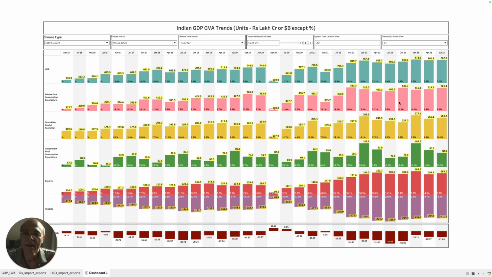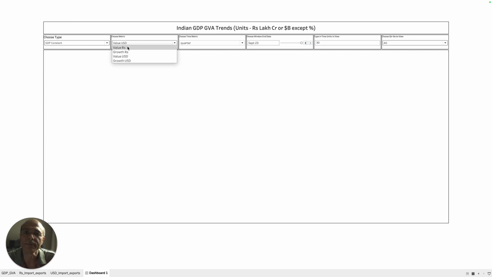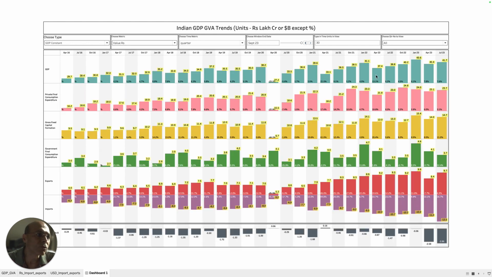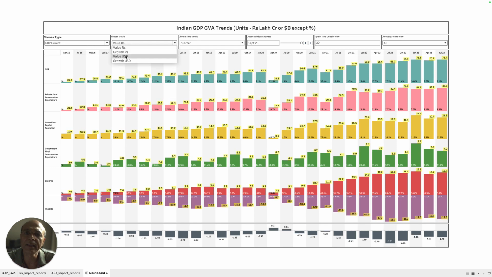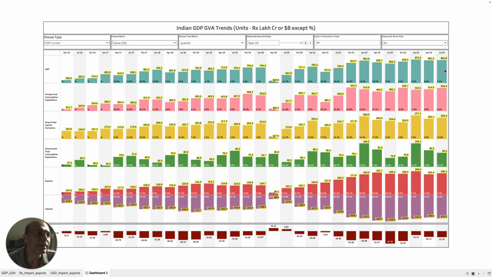Now, if you compare the dollar growth quarter by quarter, let's go to the rupee growth again and see how the dollar growth compares with it. Let me just go to constant and choose rupees. You see that the rupee growth is showing a slightly rising trend. However, if I go to GDP current again and choose USD here, you will find that the USD growth is basically tapering out.